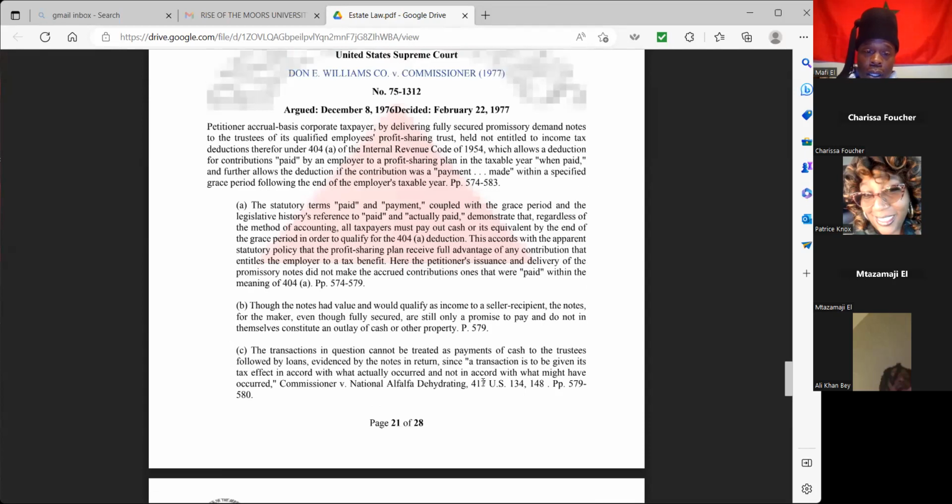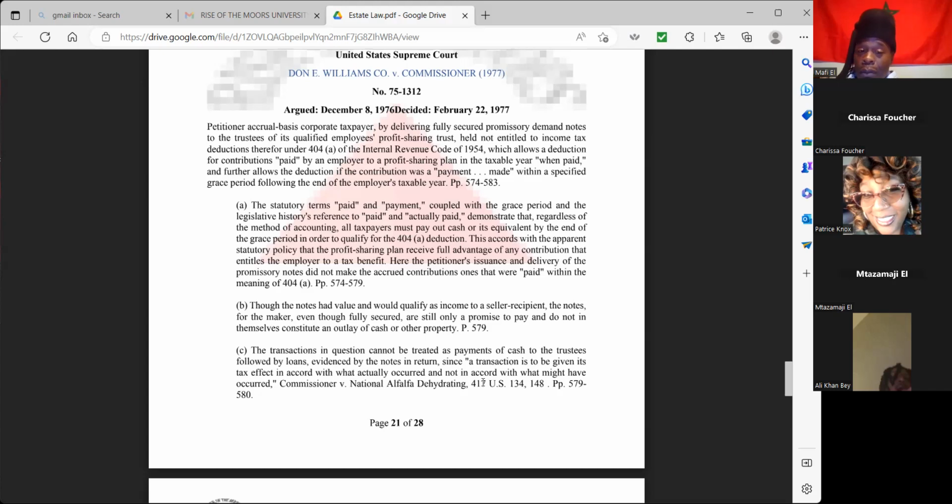Subsection C, the transactions in question cannot be treated as payments of cash to the trustees, followed by loans evidenced by the notes in return, since, quote, a transaction is to be given its tax effect in accord with what actually occurred and not in accord with what might have occurred, unquote.